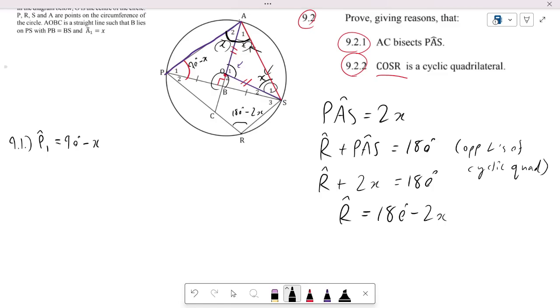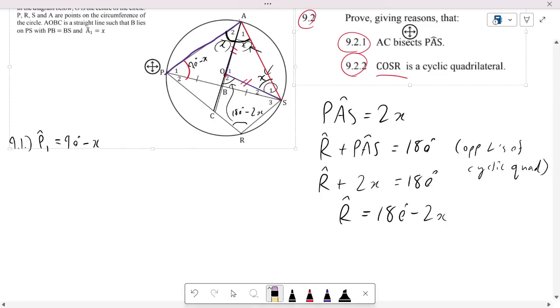And now we need to find O2. Can you see over here that if we find O2, we can prove that the sum of these two opposite angles is going to equal 180 degrees? And if that is true, then we can show our working over here. So how do we actually get O2? We can see that O2 is on a straight line with what other angle?